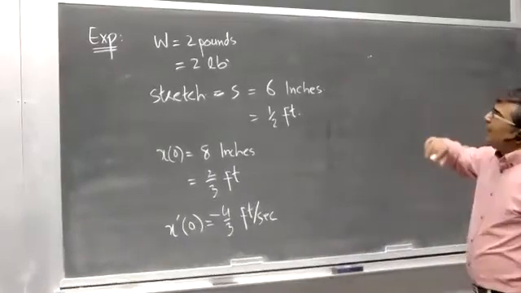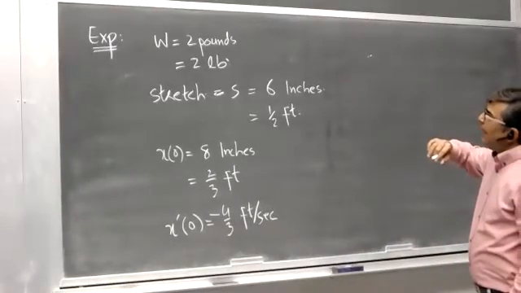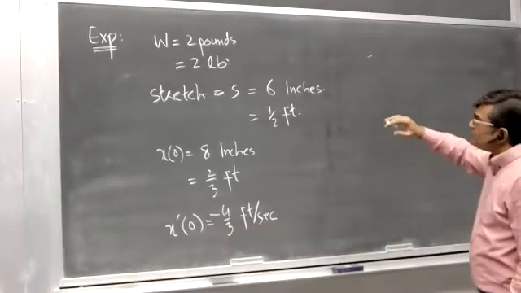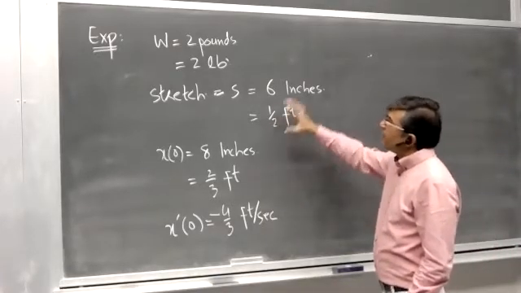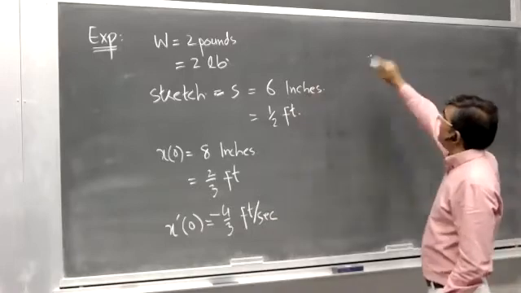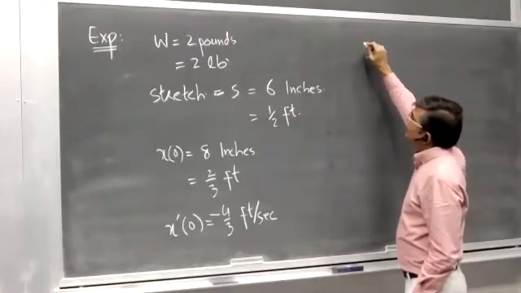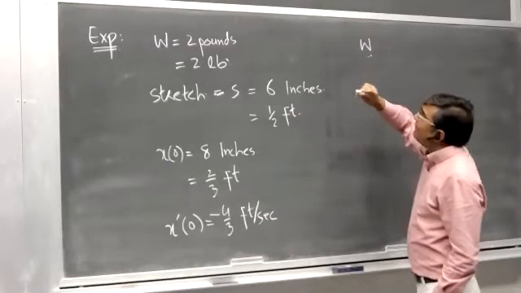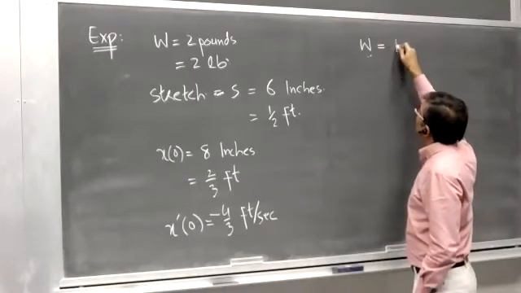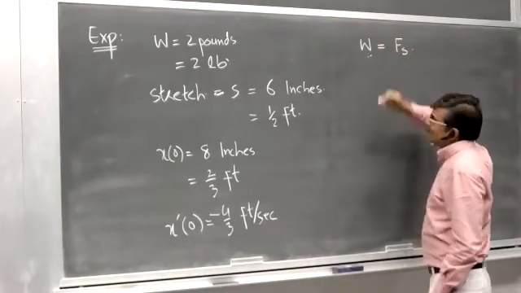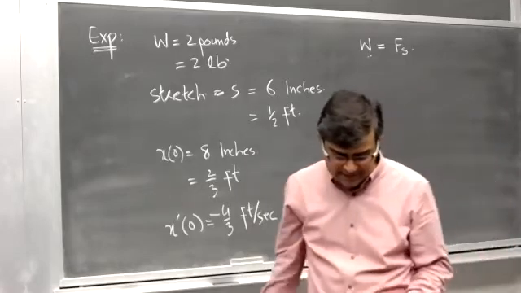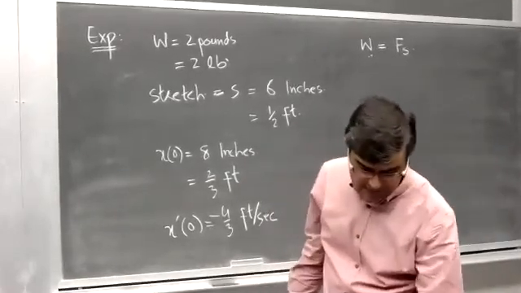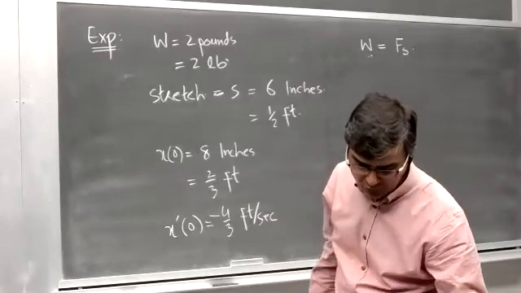Now look, at time t is equal to 0, the mass is left from the equilibrium position. If that system is in equilibrium position, then W is equal to Fs. W is the weight force. Fs is the restoring force.